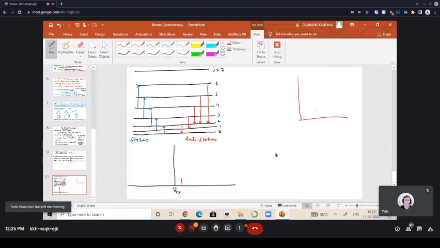At one value of J it will be maximum, and after that it will decrease. Similarly here, for increasing J, the intensity will go on increasing, be maximum at some value of J, and then decrease.